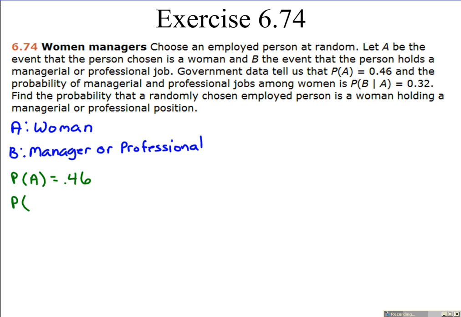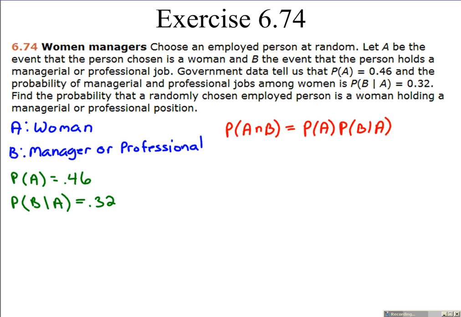The probability that we pick a manager or professional given that we are picking a woman is 0.32. The probability that we are looking to find is the probability that we pick a woman and that the woman is a manager or professional. So using our formula here, the probability of A and B happening is the probability of A happening times the probability of B happening given that A has already happened.